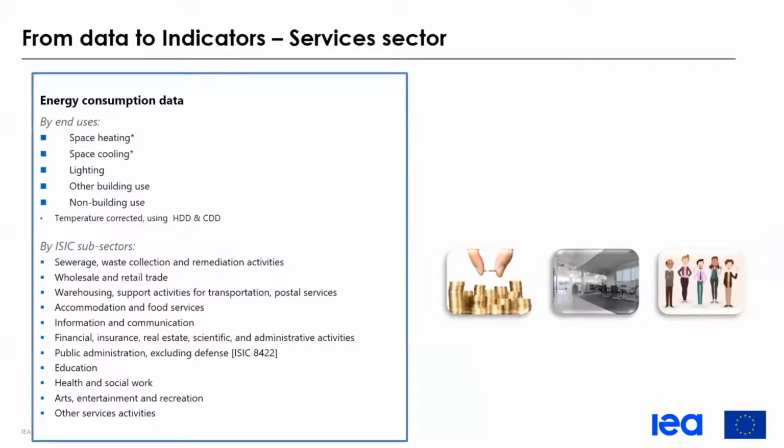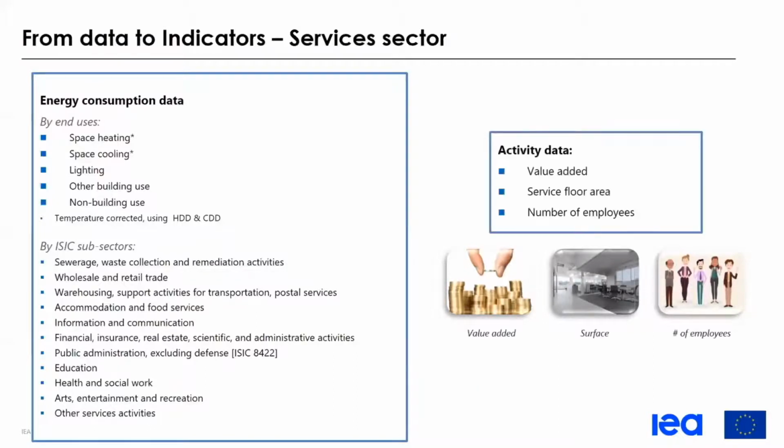We can also collect electricity and other fuel consumption data and floor area by ISIC categories instead of by end use. But it's also good to do for both end use and ISIC categories. And the most relevant activity data would be the value added, the floor area, or the number of employees, for example.